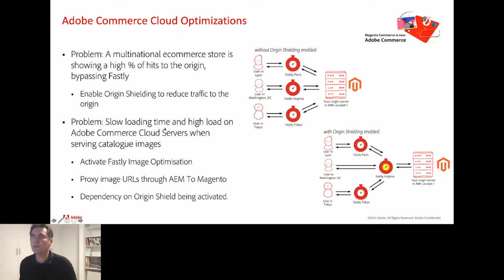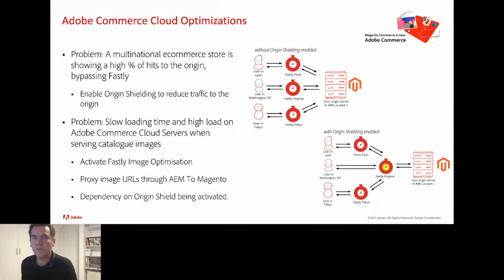Problem: slow loading time and high load on Adobe Commerce Cloud servers when serving catalog images. The solution is image optimization. This offloads all the serving of catalog product images to the Fastly CDN, as well as resource-intensive product catalog image transformation processing, onto Fastly and off from the Adobe Commerce origin.